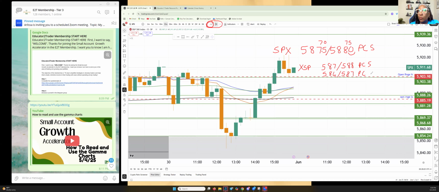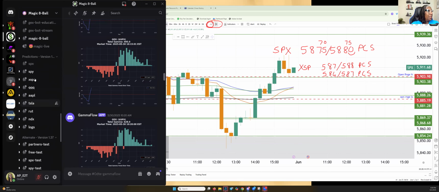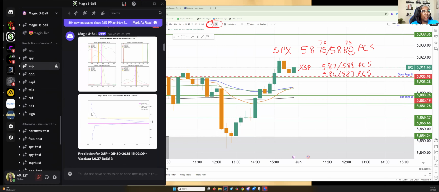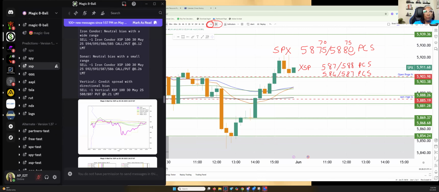Now, Magic 8 Ball does suggest XSP. I'm going to show you. You see over here, Magic 8 Ball does have XSP as a suggestion. But you'll see Magic 8 Ball won't suggest the same. It'll suggest a smaller number as far as lower, and then a higher price on the put.